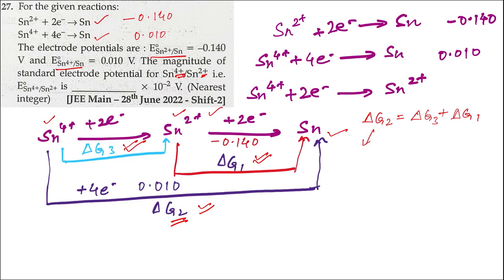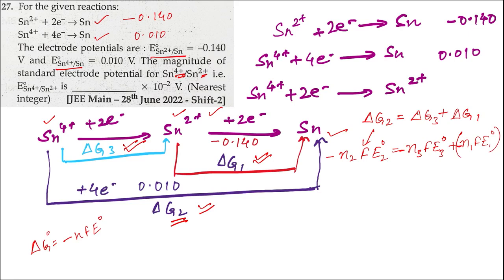Now delta G2 can be written as minus n2 F E2 naught, which is equal to delta G3, minus n3 F E3 naught, plus delta G1, minus n1 F E1 naught. Delta G naught is equal to minus nFE naught.